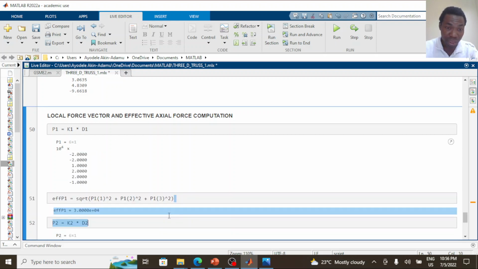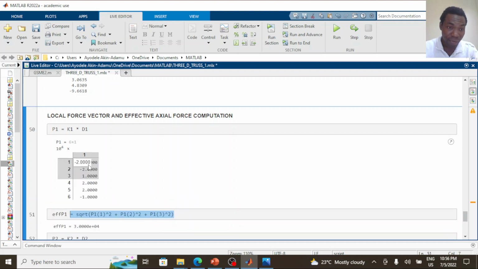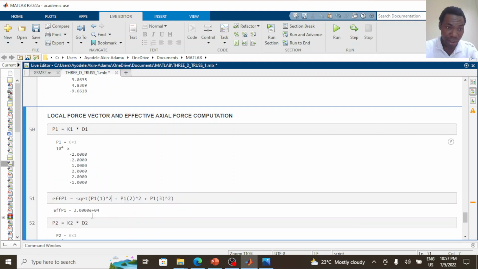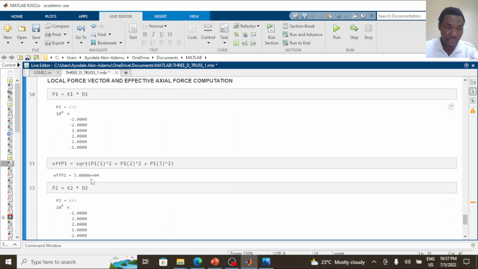I use this code here: the square root of P1 squared plus P1 squared plus P1 squared, calling out the elements at position 1, 2, and 3. When I run this, I get 3 times 10 to the power 4 Newton, which is 30,000 Newton, which is 30 kilonewton. So P1 is 30 kilonewton.